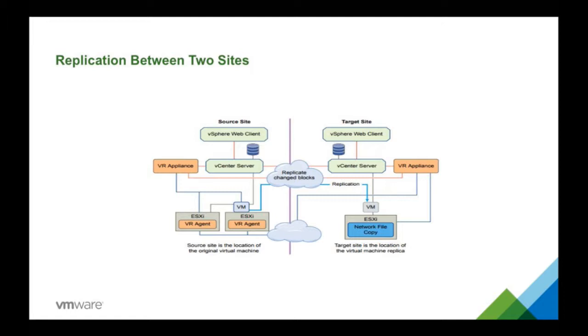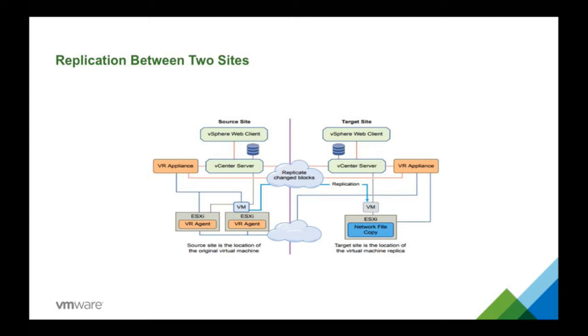What makes this interesting is that a lot of people don't know that you already have a license to have this vSphere Replication. I understand that Zerto has replication, Veeam has replication, NetApp SnapMirror has it, and EMC has RecoverPoint.